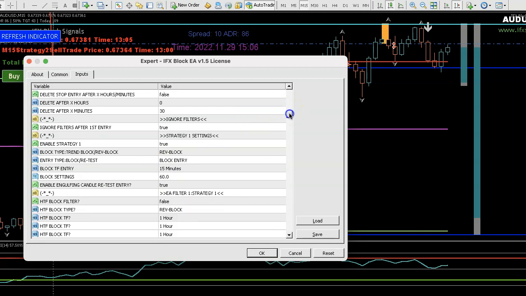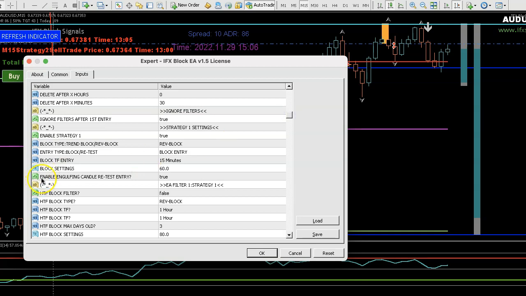All right, so now what have we added new in here? You see it here, enable engulfing candle retest. So what is engulfing candle retest? That if you choose to enter on a retest, we want to make sure, like right here, this arrow means a retest.